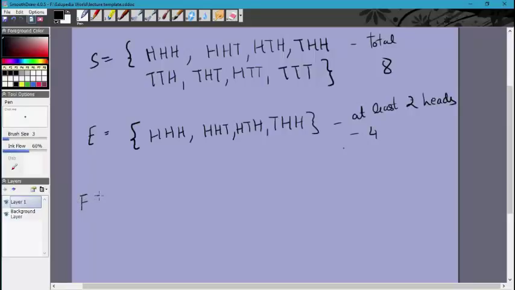Let's look at another set F, which is the set of events such that the first toss gives a tail. So here the first one is heads, here the first one is tail. We want the first one to be tail. So you can see it's the lower 4, not the upper 4. So it'll actually be, sorry, it's not this one, not HTT.